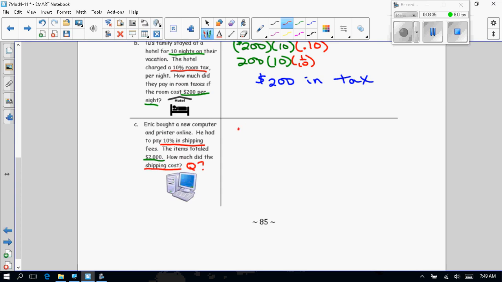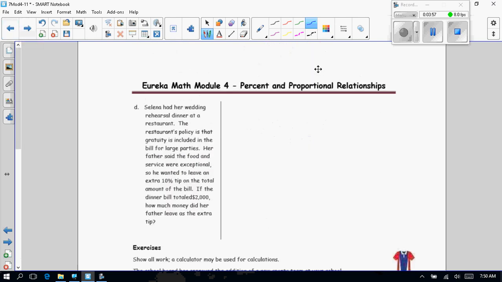So 10%, 0.10, times the $2,000 on the computer. And what was the shipping cost going to be? That's the quantity, and he's going to pay $200 in shipping. Noticing a trend here? Anyone want to go out on a limb and tell me what letter D is?